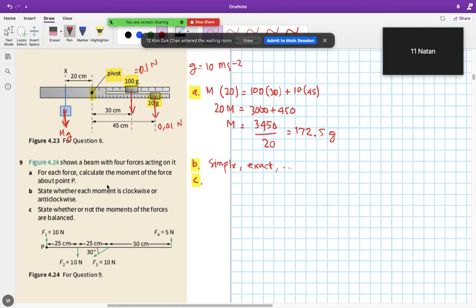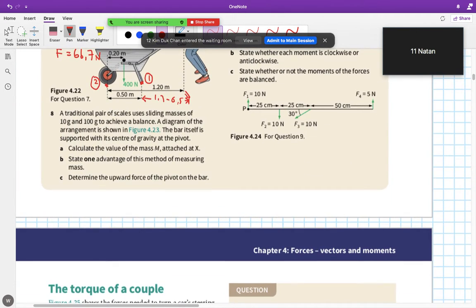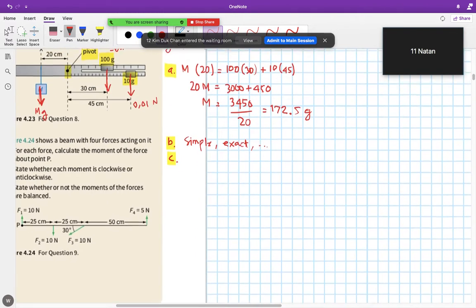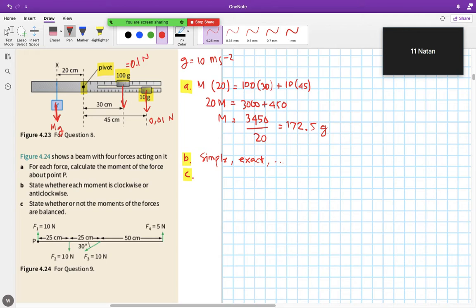Okay, then see question C. Question C is to determine the upward force of the pivot on the bar. Now this is about Newton's first law, total force equals zero. On the pivot we have force F, the total vertical downward force. The first one is mg, in kilogram 0.1725 times 10, which equals 1.725 Newton.